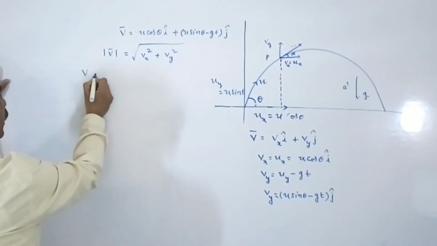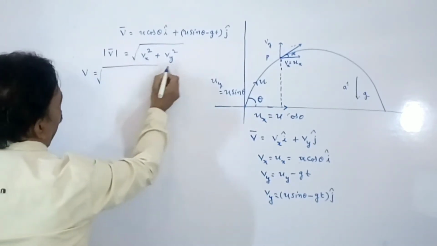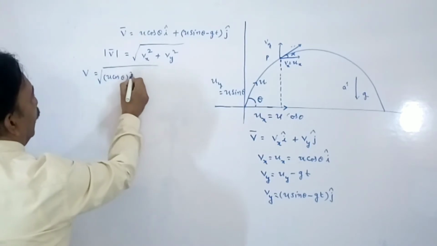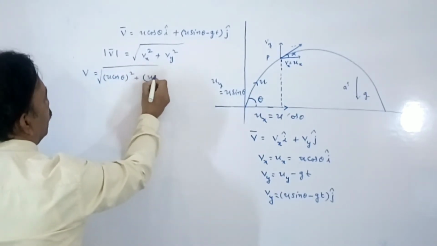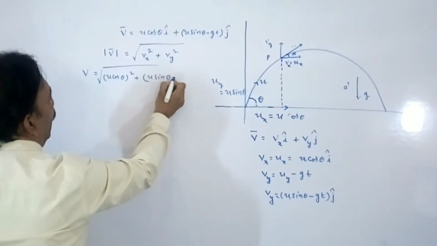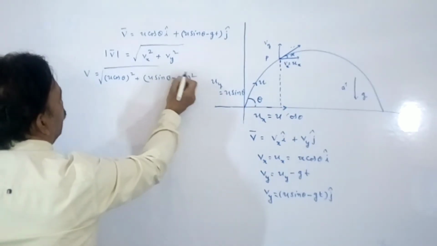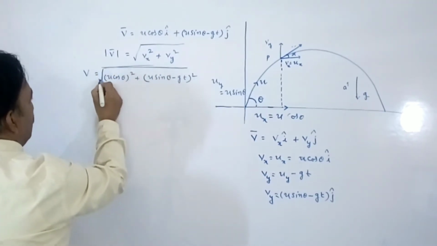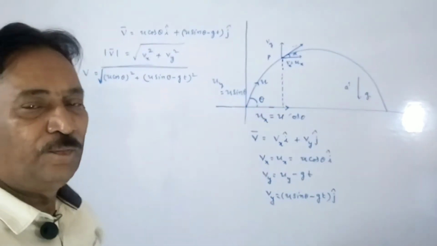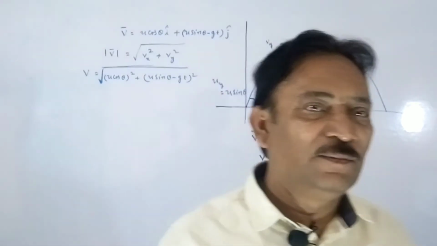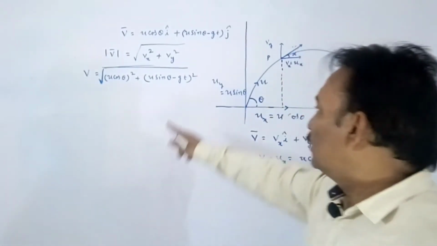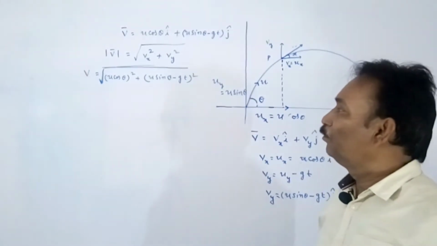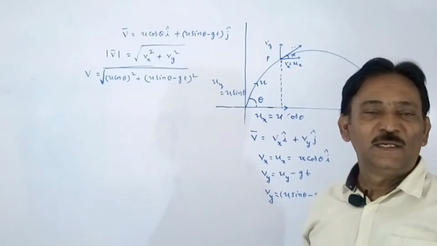That is, v equals the square root of (u cos theta) squared plus (u sin theta minus gt) whole squared. It is the velocity of the projectile at a given time.